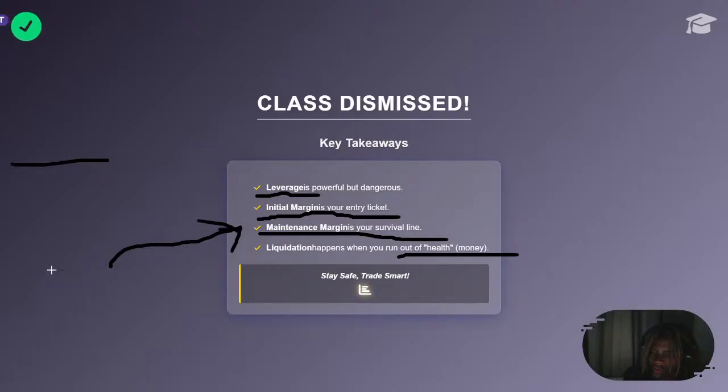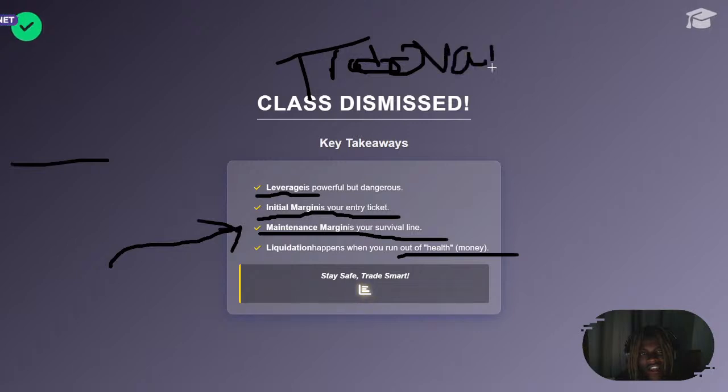All right, cool. So that's going to go ahead and be the futures margin video. Every broker is going to have a different margin requirement too. Once again, Tradovate, personally my favorite broker.